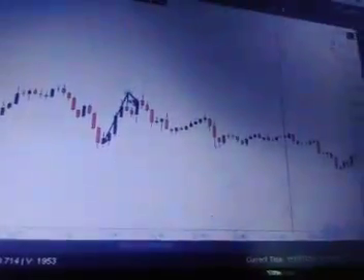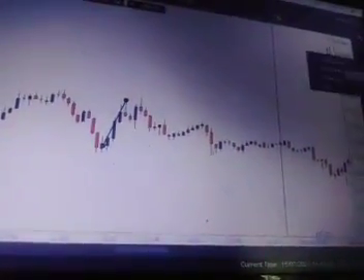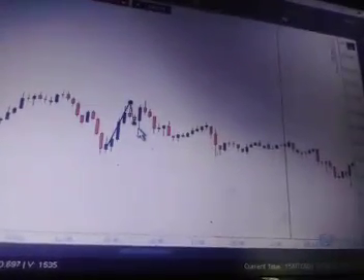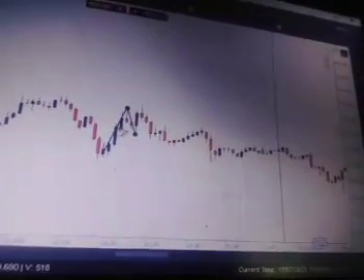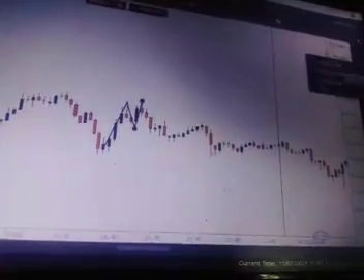So once you just see something which looks like an M on the market, don't hesitate, that's a double top. If you see a W, that's a double bottom. Just as simple as all that. So a double top happens on an uptrend, double bottom happens on a downtrend.